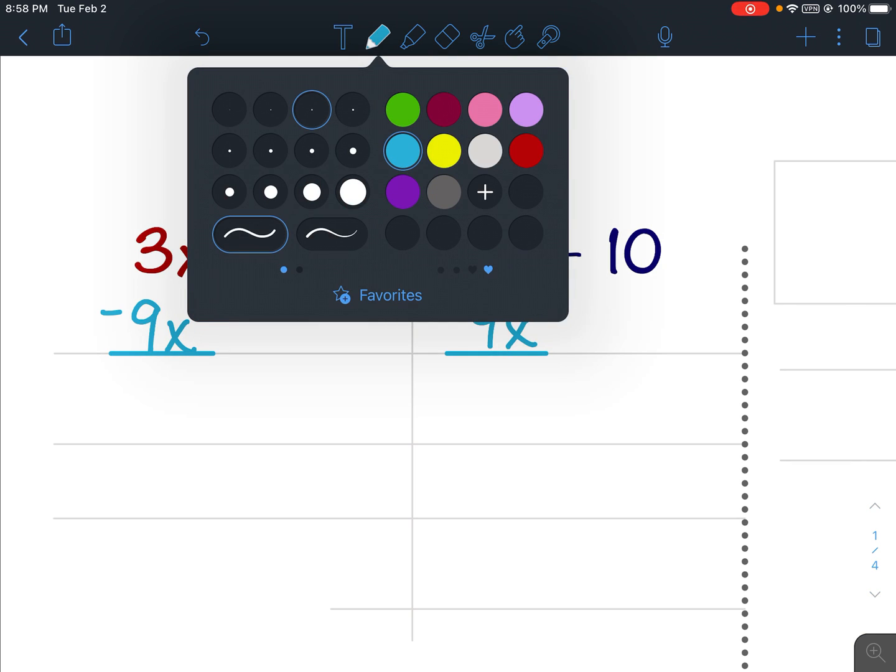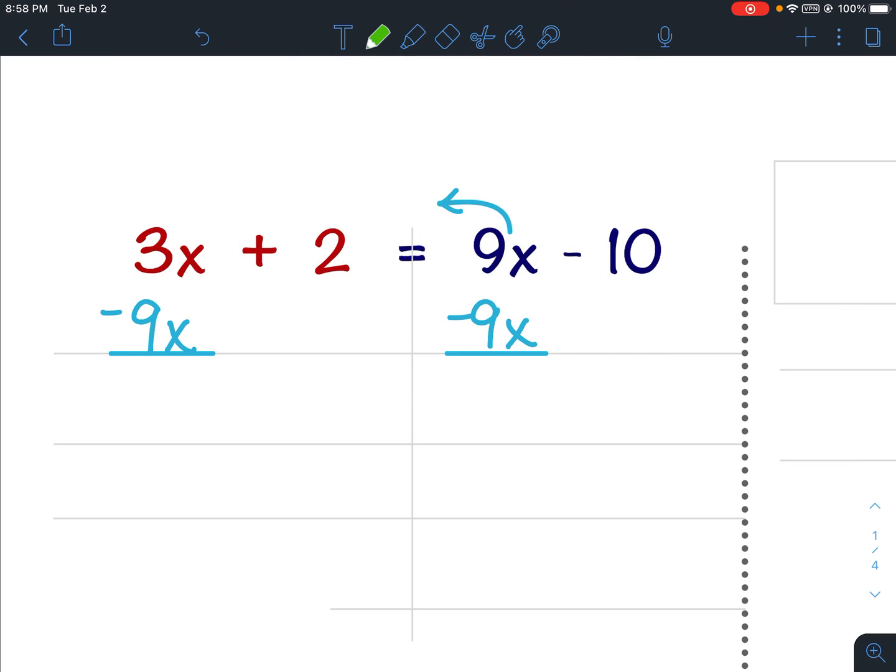And if I take my variable term to the left, that means I need to take my constant term to the right. Since it's a positive 2, I would make it a negative 2.